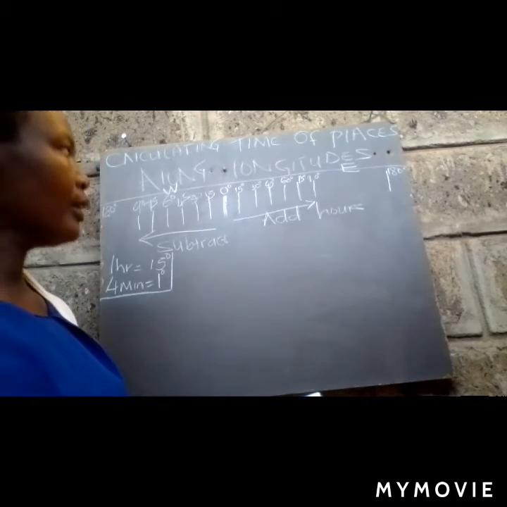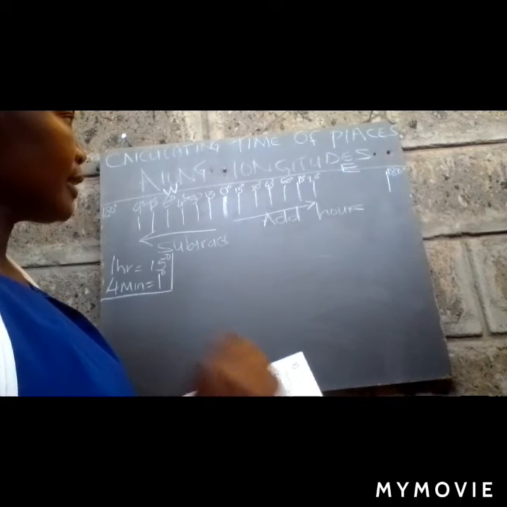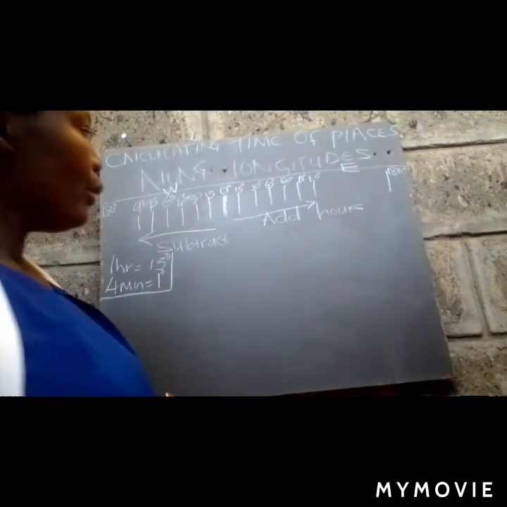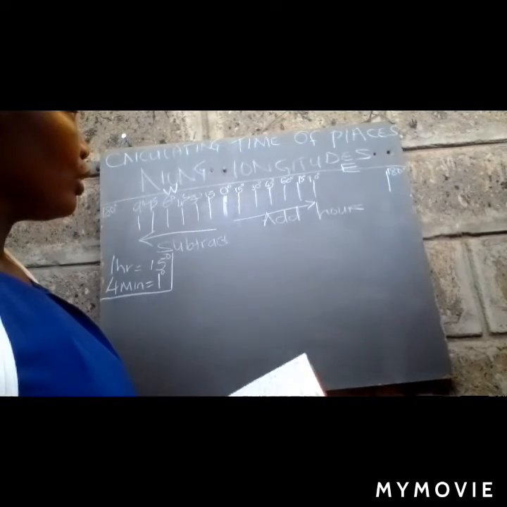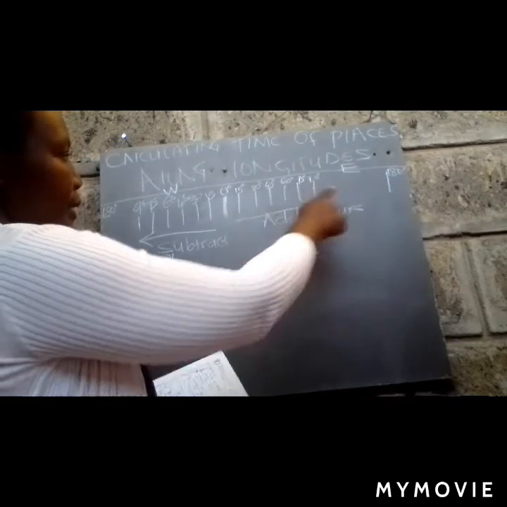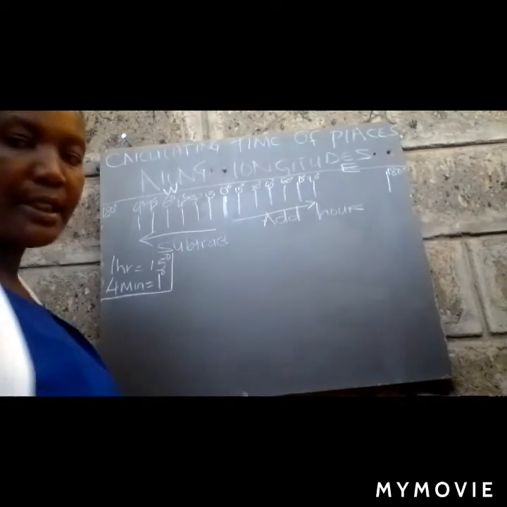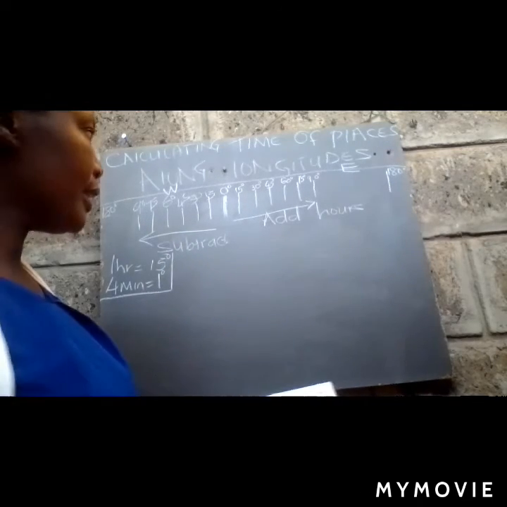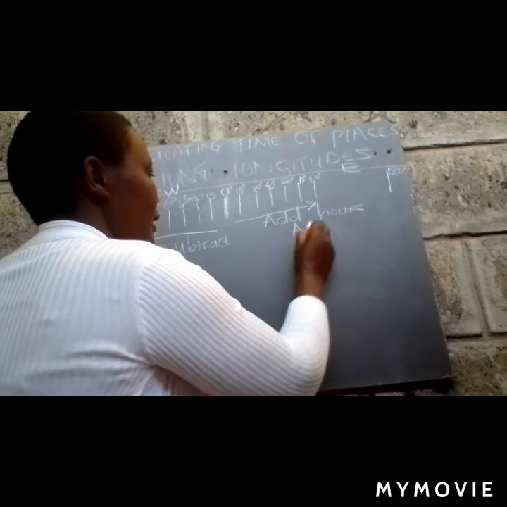Now, we shall calculate time. This is ahead, and this is behind the prime meridian. So, how do you get the time of a place to the east of the prime meridian, which is at 0 degrees, or to the west? Let's start with the time ahead.